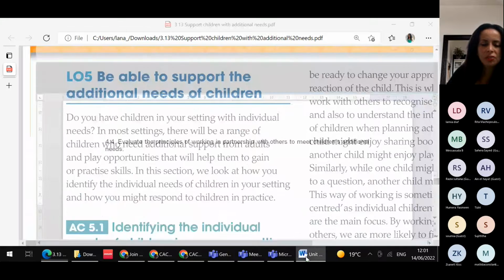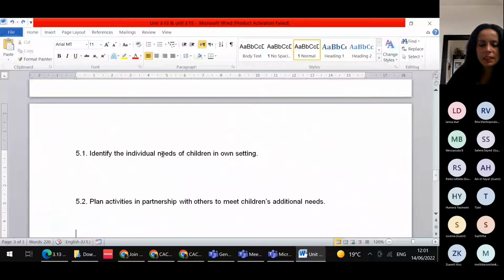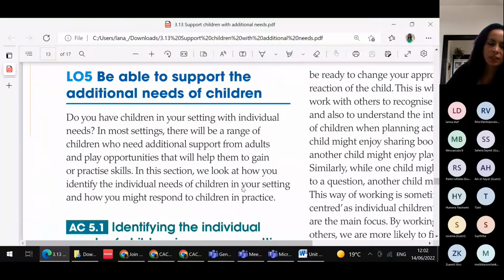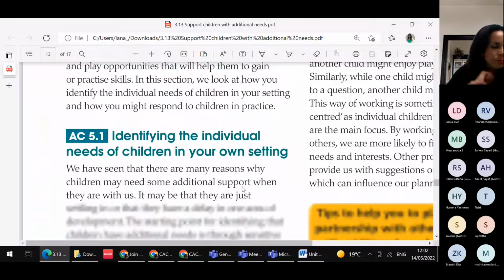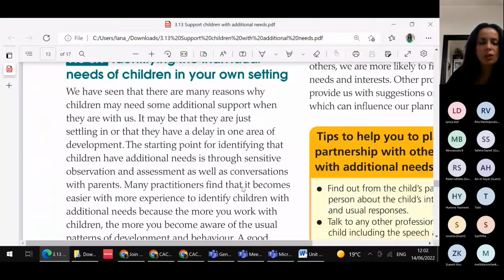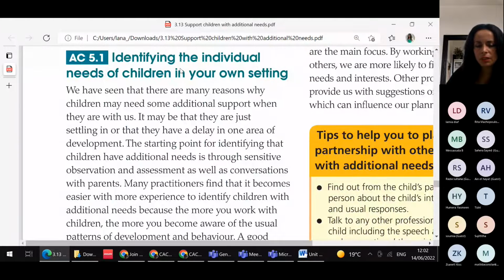So now, identify the individual needs of children in all settings. So how can we identify the individual needs of the children in their own setting? In your own setting, actually, you know what?